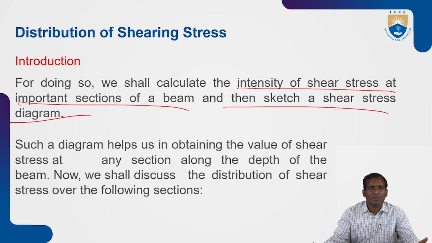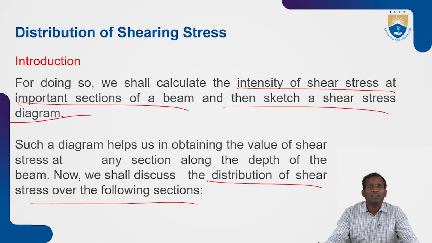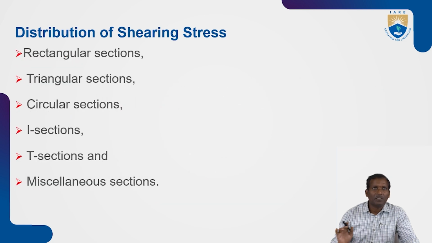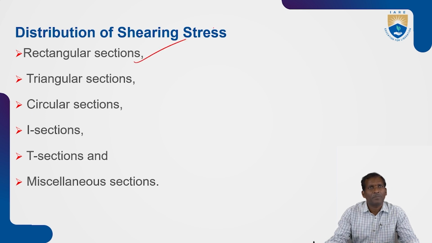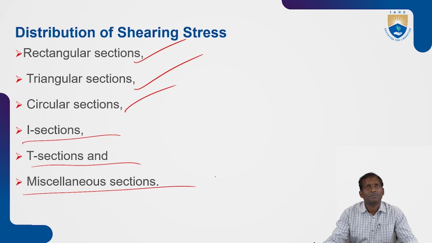Now we shall discuss the distribution of shear stress over the following sections of beams: the rectangular section, the triangular section, the circular section, I sections, T sections, and miscellaneous sections.